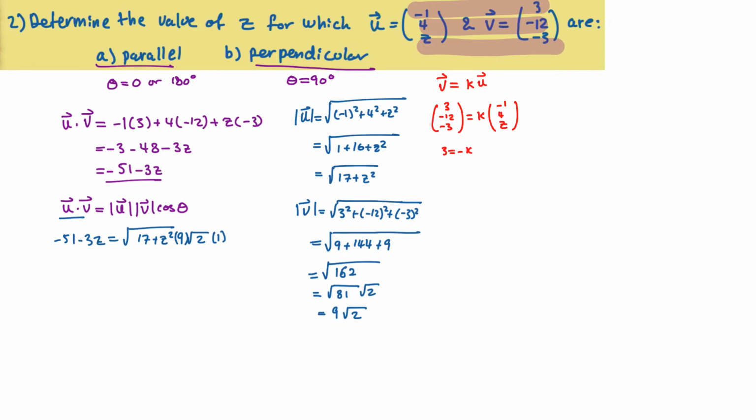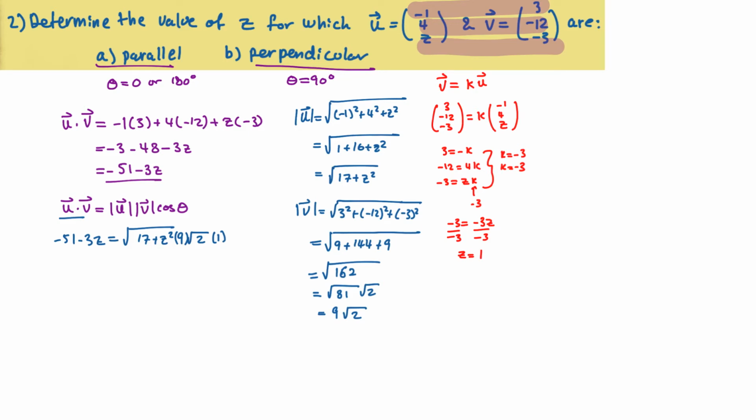For the y component, negative 12 is equal to 4k. And for the z component, negative 3 is equal to z times k. In the first two situations, we see that k is equal to negative 3. So for the third situation, k should also equal negative 3. And therefore, negative 3 is equal to negative 3z. Divide both sides by negative 3, and we get z is equal to 1.